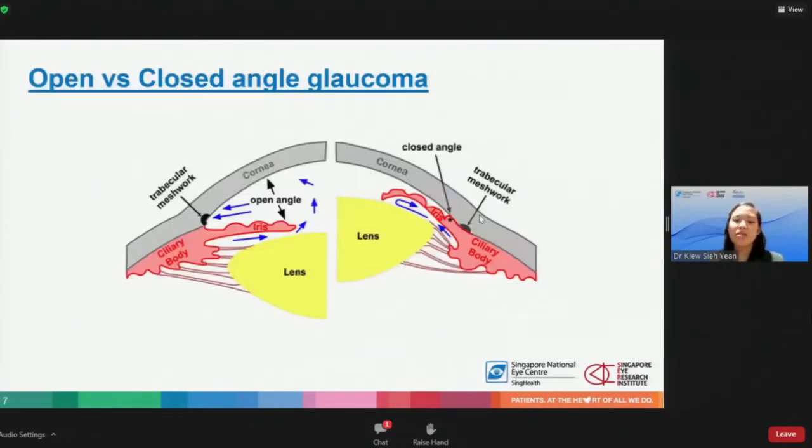In open-angle glaucoma, although there is an imbalance between fluid production and drainage within the eye, the drainage pathway is not blocked per se. This is rather like a slowly flowing sink. In angle closure glaucoma, on the other hand, the shape of the eyeball is such that this drainage pathway is narrow and may be obstructed so that fluid cannot flow out.